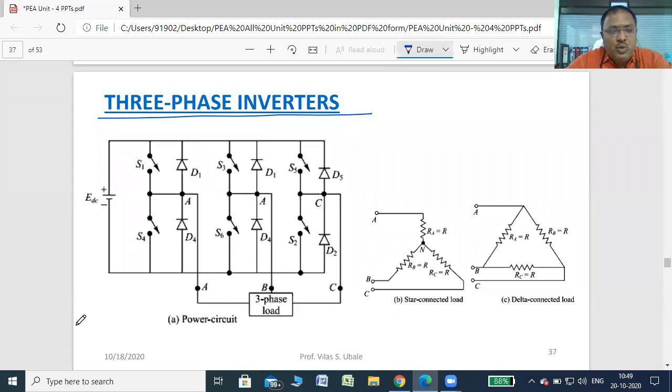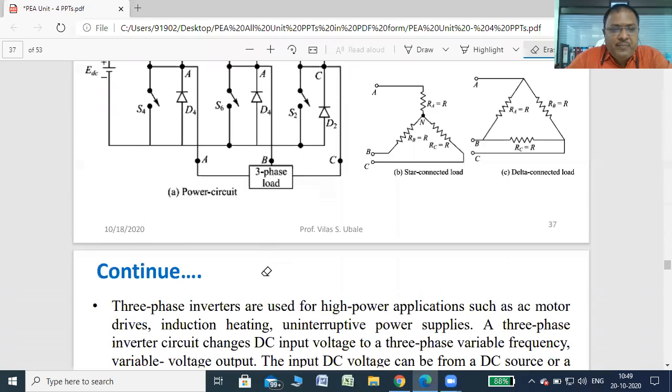Already you know the working of the first half bridge, the second half bridge, and the third half bridge. So all are half bridge inverters, and the working is already known. Now we just combine these three half bridge inverters so that we will get a three phase inverter. Again, a voltage source, so it is a voltage source inverter, right? And we are connecting a load that is resistive. So this is about the circuit diagram.